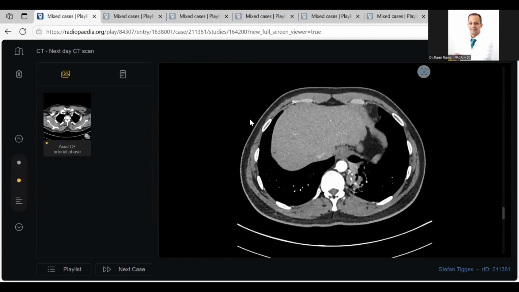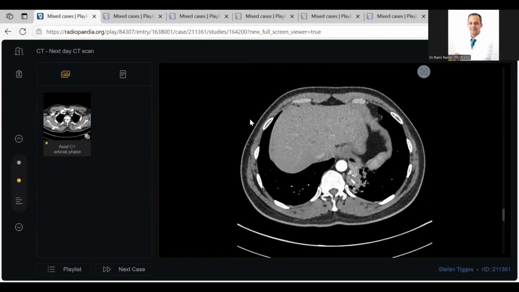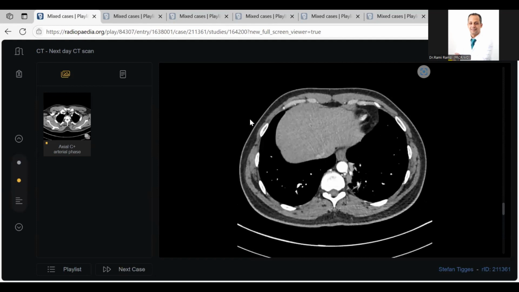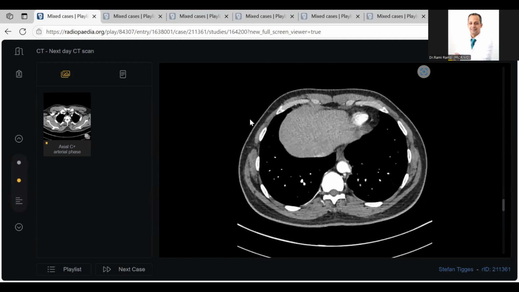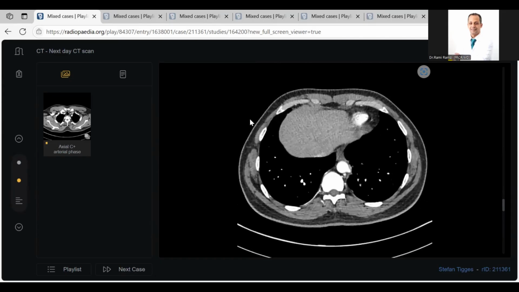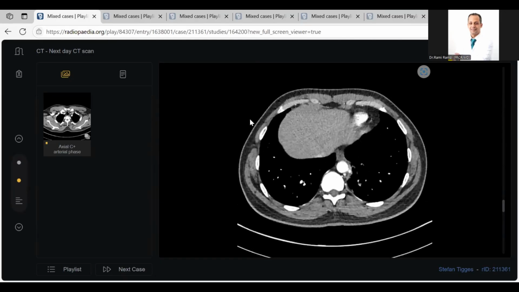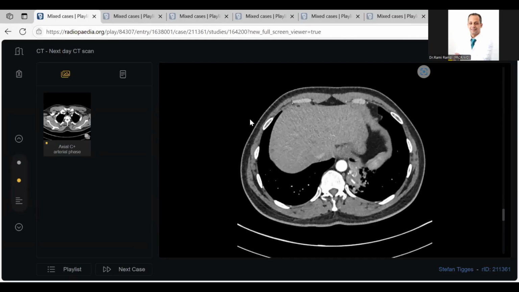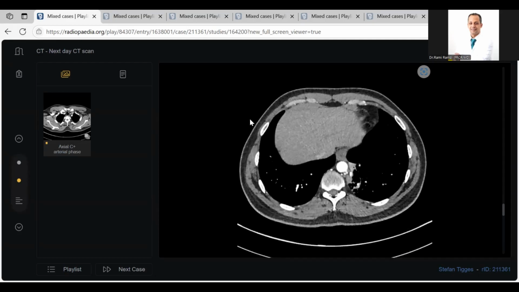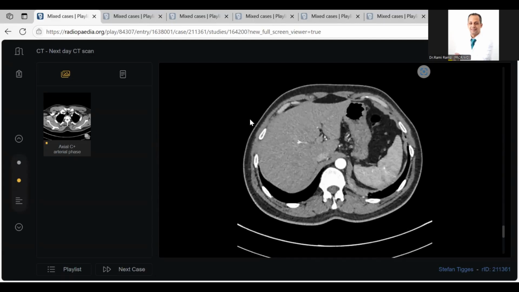I see a left paravertebral area of collapse consolidation, most probably the left lower lobe segments, showing air bronchograms. I see that this collapsed segment of lung is being directly supplied by the branches of the aorta.